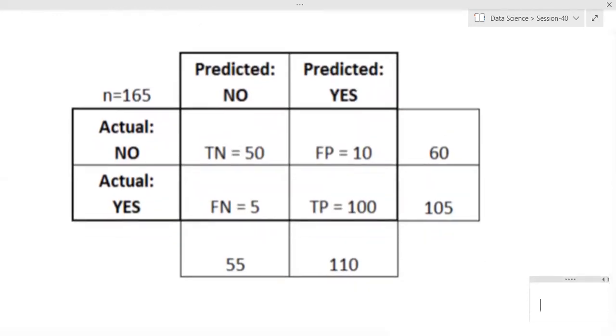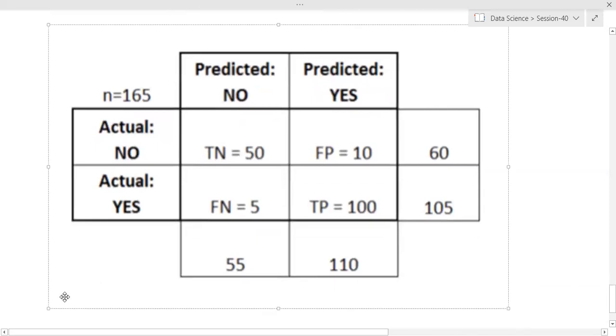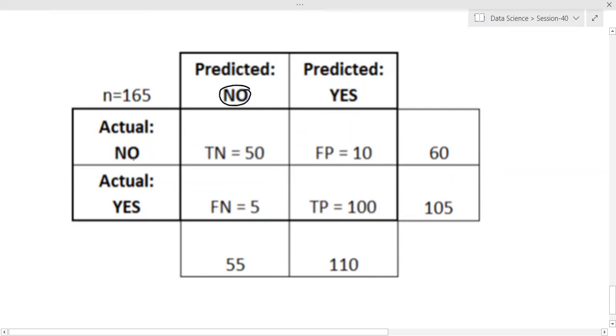So just observe here, we're having true negatives in this particular slot. So that means our prediction is no, actual is also no. This is required, friends, true negative value.